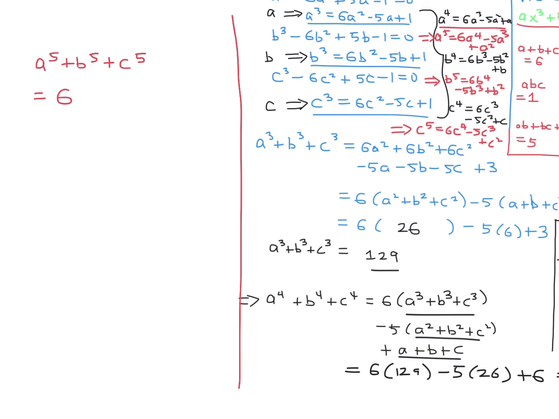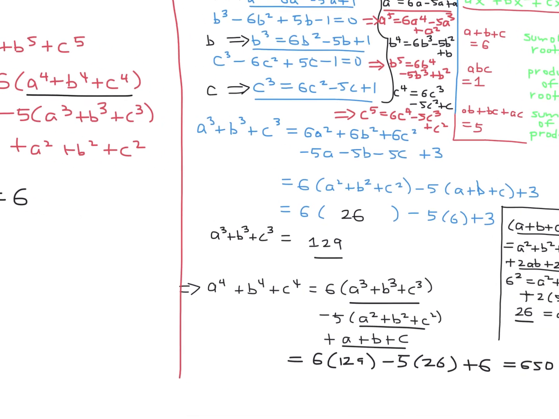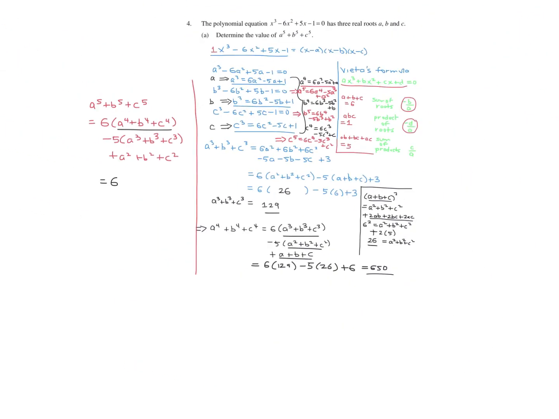And when you group them into like terms, it'll be 6 times a to the power of 4 plus b to the power of 4 plus c to the power of 4, minus 5 times a to the power of 3 plus b to the power of 3 plus c to the power of 3, plus a squared plus b squared plus c squared. All right. Well, this part we got recently, 650 is the answer to that.